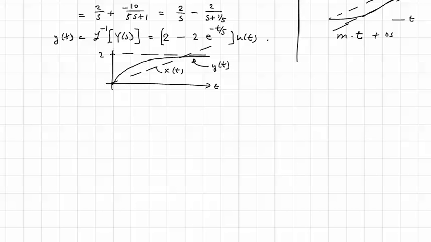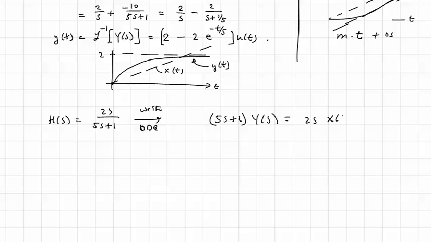If I take the transfer function H(s) = 2s / (5s + 1) and write the ordinary differential equation, we can write (5s + 1) Y(s) = 2s X(s).